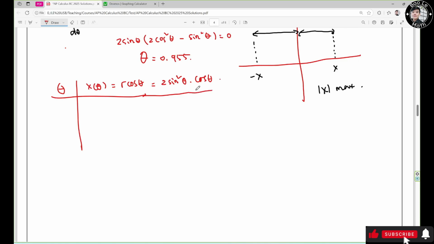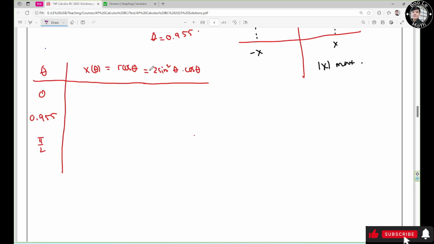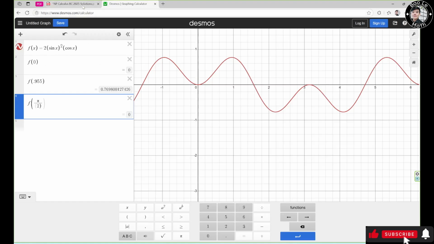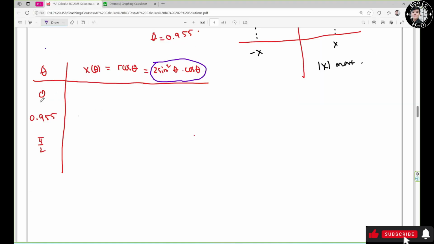Now I have 0, 0.955, and the last one should be pi over 2. Now what we need to do is put this function in decimals, and then I have it right here. Now I need to calculate f of 0, f of 0.955 and f of pi over 2.